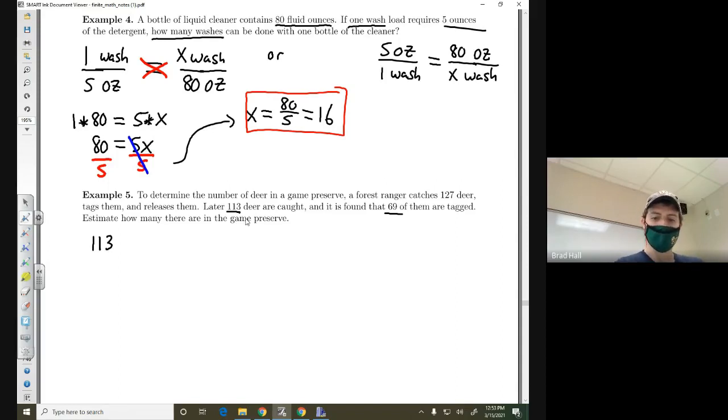So we can write that on the left side. The denominator is tagged, just to give it some sort of label, 113.